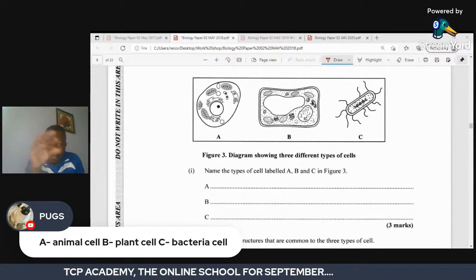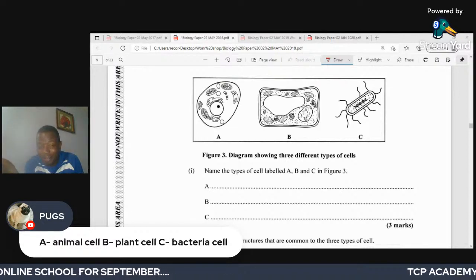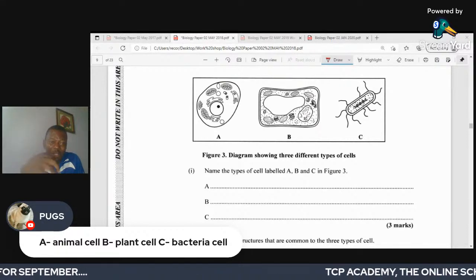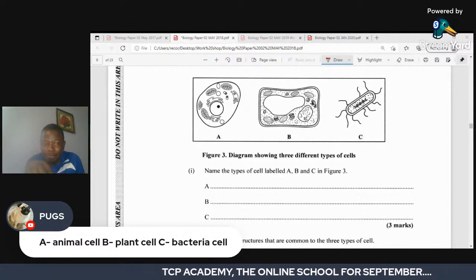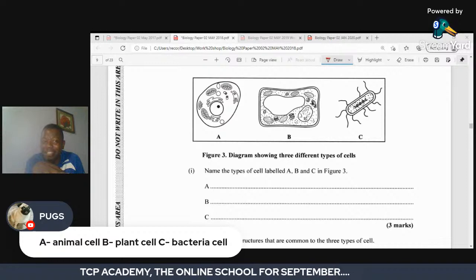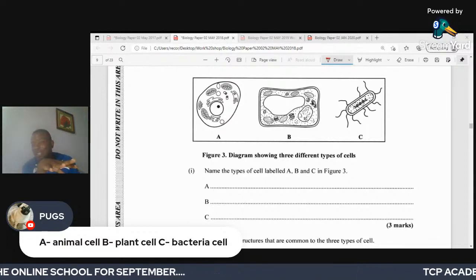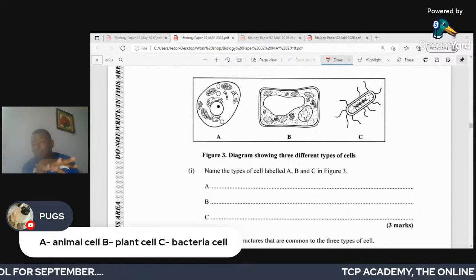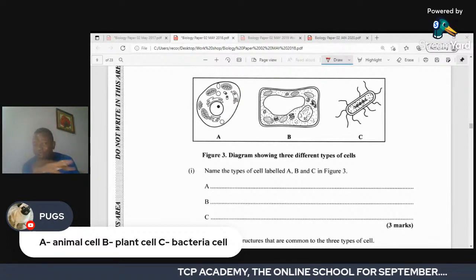You did not say plants. However, you say bacteria. So which should it be? Should it be bacteria or should it be bacterium? I'm looking for that. All right. I'm seeing everybody saying bacteria, everybody is saying plant cell, everybody is saying animal cell, but it's like it's a Caribbean problem.